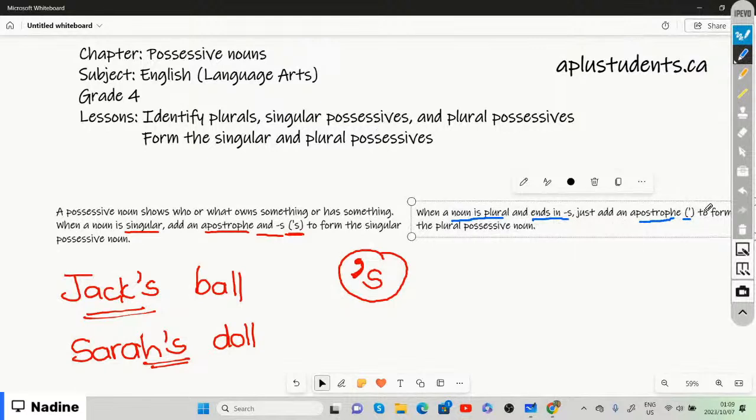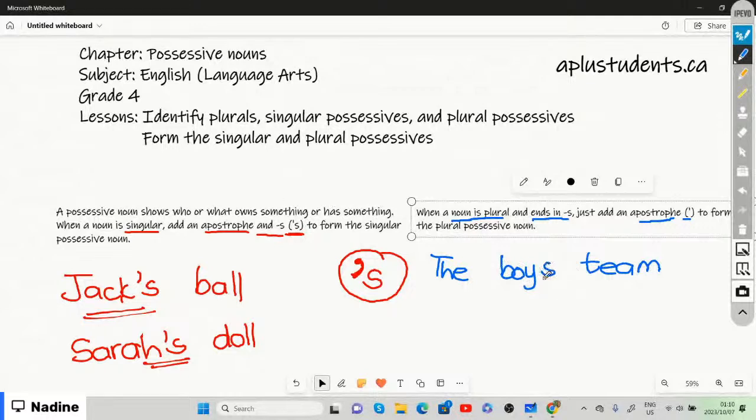Meaning, if we refer to the boys, let's say the boys' team, boys refers to more than one, and it ends in an S.